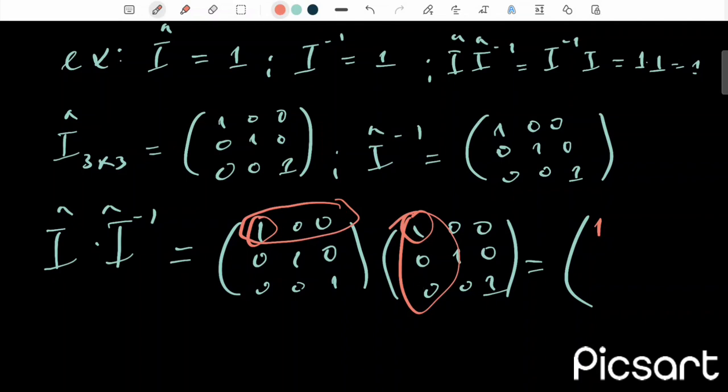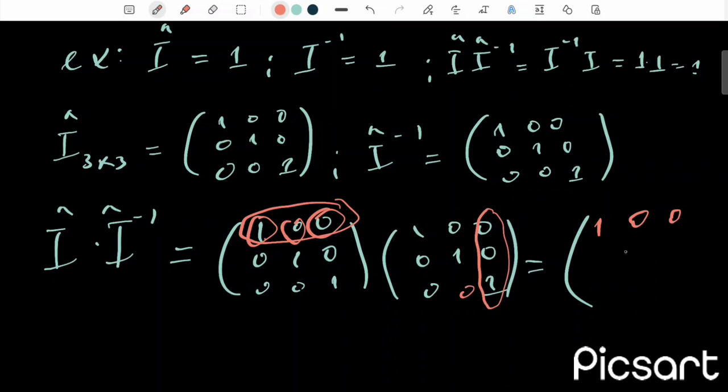Also, we use this line and multiply with the second column, and we get 1 times 0 is 0, 0 times 1 is 0, 0 times 0 is 0, then we have the second element in this line as 0. On the other hand, we go on multiplying the same line with the last column, and we get 1 times 0 is 0, 0 times 0 is 0, 0 times 1 is 0, and we have here 0.